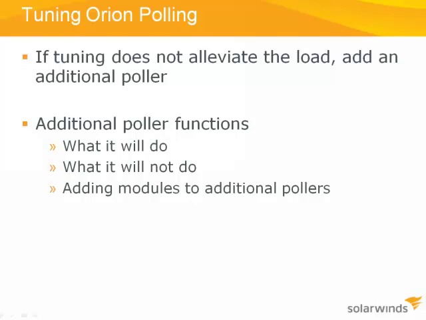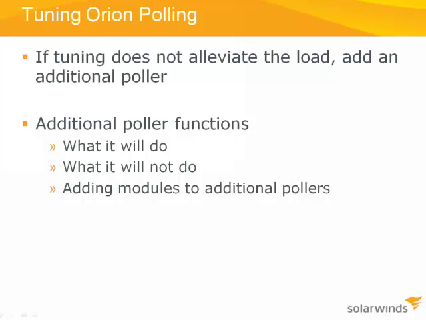But with an additional polar, we essentially use the engine ID along with the node ID to determine unique devices. And so that's one of the cool things that additional polars allow you to do: handle overlapping IPs. So for each set of overlapping IPs or overlapping subnets, you'll need an additional polar. So hopefully that's clear. And then adding modules to additional polars.